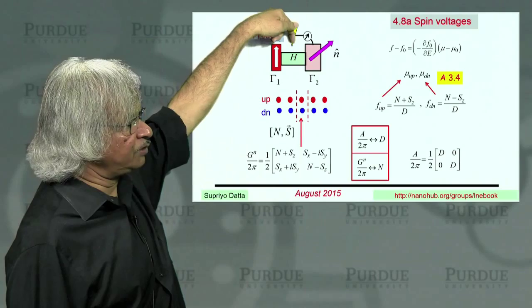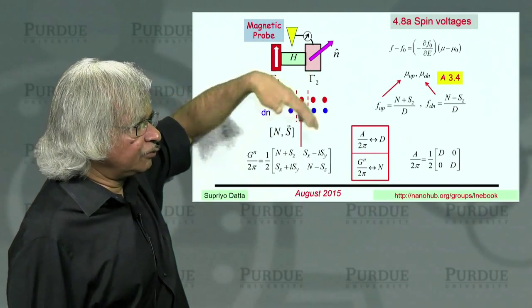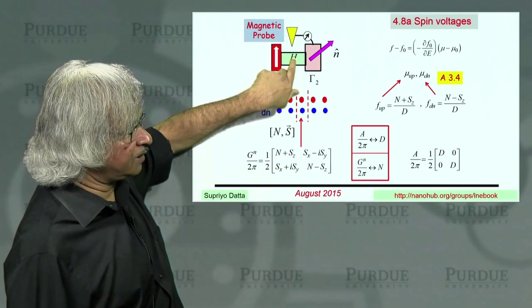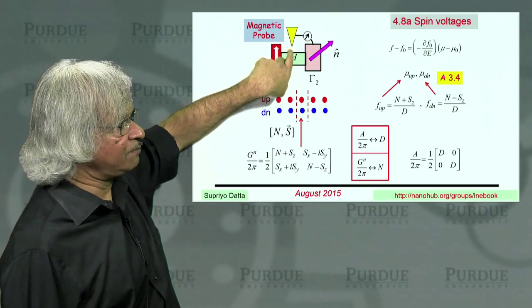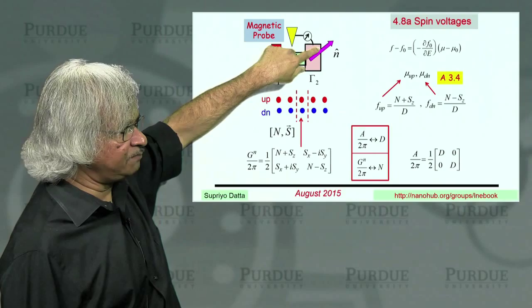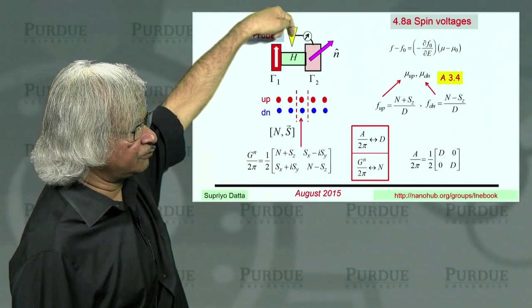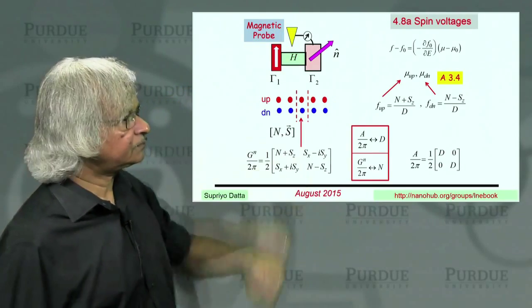When you come in with a weakly coupled probe, what it does is it floats to whatever electrochemical potential it sees right below it. It comes to the same potential because usually these are high impedance circuits, no current can flow. So no current flows means these two have to be at the same potential.